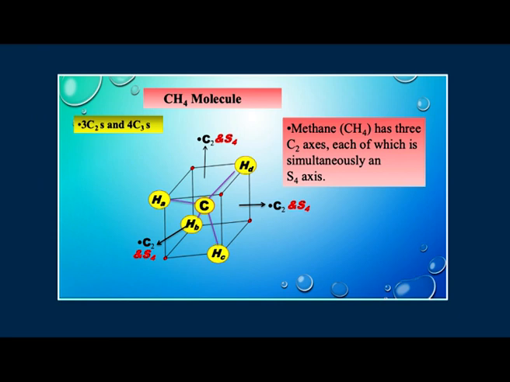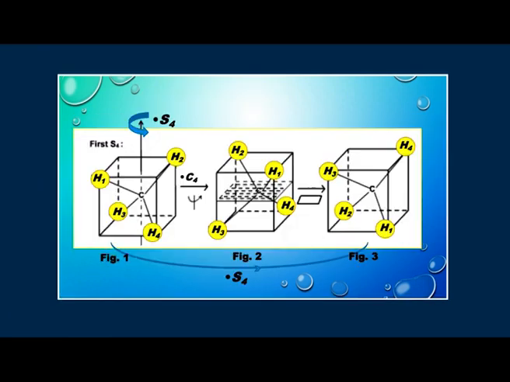Since a 90-degree rotation about any of the above axes followed by reflection about the plane perpendicular to it produces an equivalent configuration. Let us perform C4 and a reflection on the methane molecule. In figure 1, see how H1 and H2 change after C4, that is a 90-degree rotation in the anti-clockwise direction.